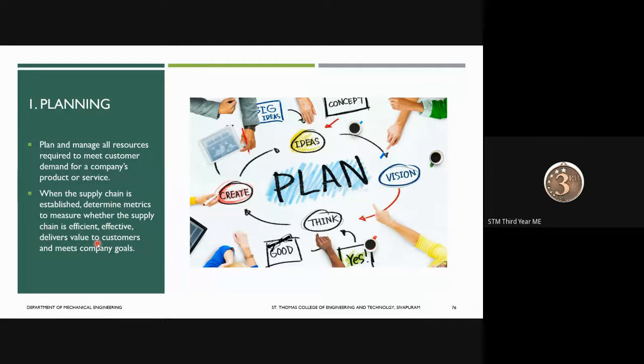And we are also checking whether the customer is satisfied with that product. If they deem it ineffective, then we have to make tweaks so that it will be acceptable to the people. For that purpose, we are doing planning.